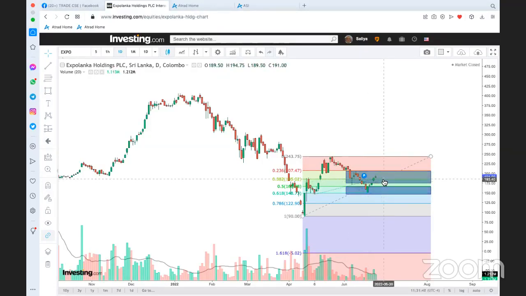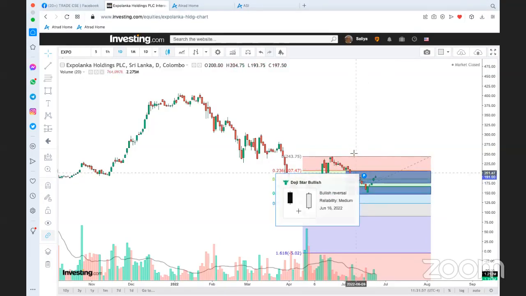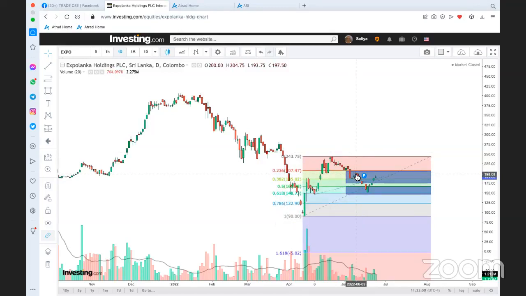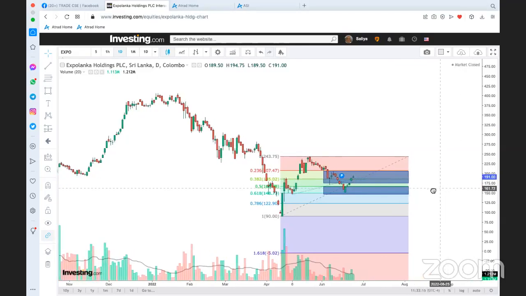In my case, I would prefer to keep it this way, because inside this zone, for me, there are two important levels. One level obviously is this 204.75. The other level is this 175. Here also it went and tested 175.25. Then there is a gap, right? So for me, I will take this area as the resistance level.